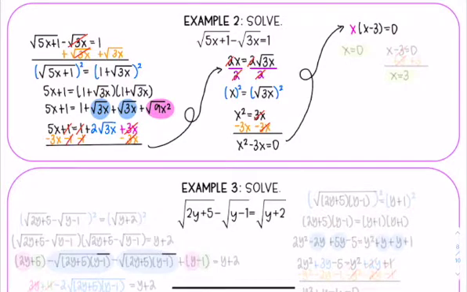And so we go ahead and set each piece equal to 0. We have x equals 0, and we have x minus 3 equals 0. The first one's already done, but the second one we're just going to add 3 to both sides. And so I end up with x is equal to 0 and x is equal to 3.